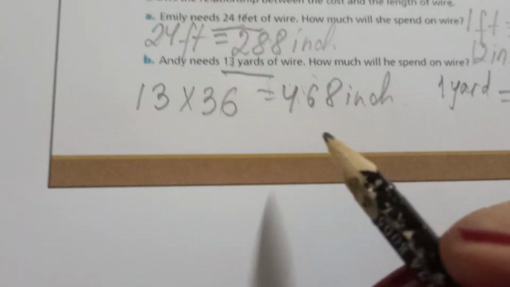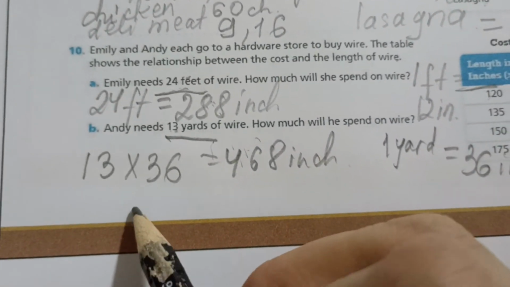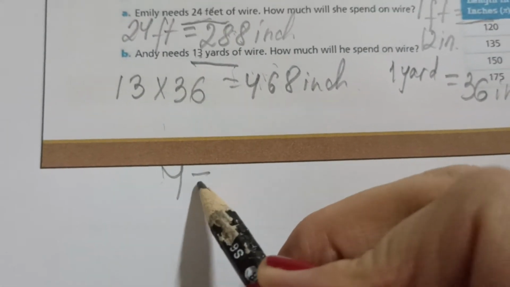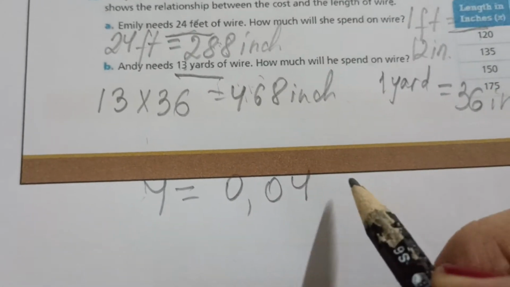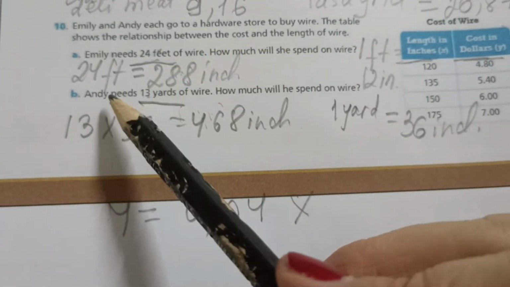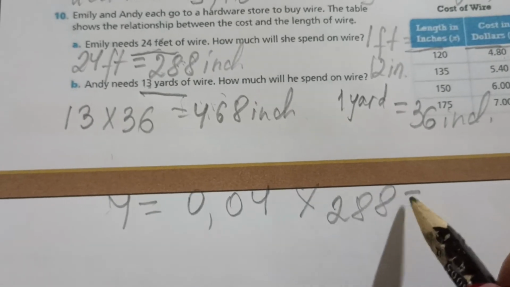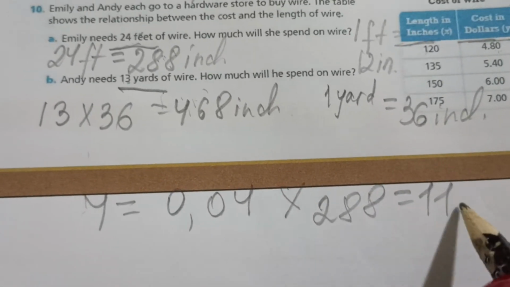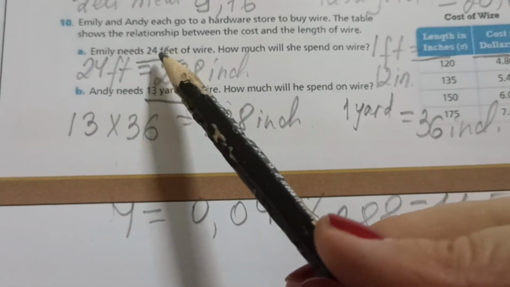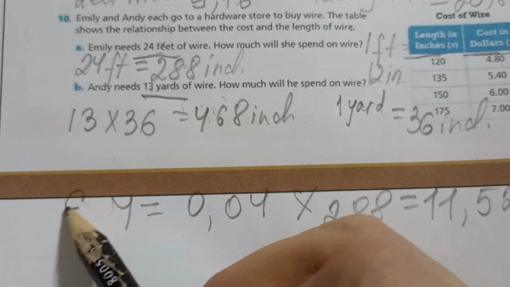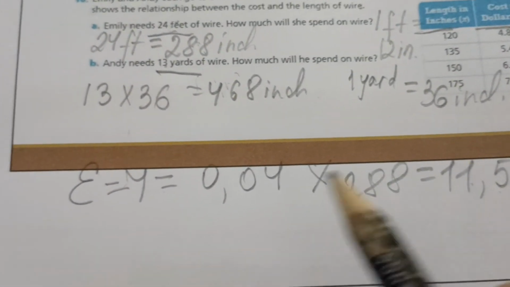Okay, now just substitute that constant into the equation. So the first equation is going to be 0.04 multiplied by 288 inches, and it's going to be $11.52. So this is about Emily. You may write here that Emily is going to spend $11.52.